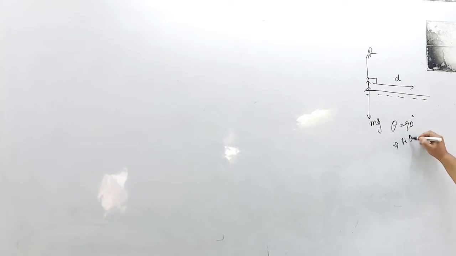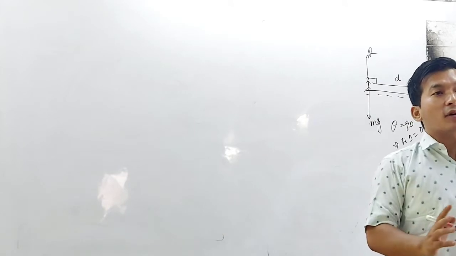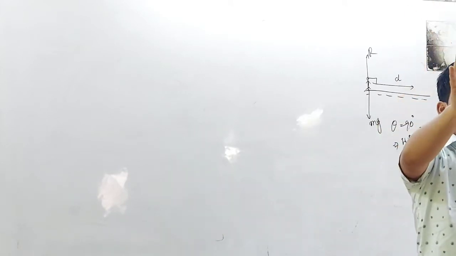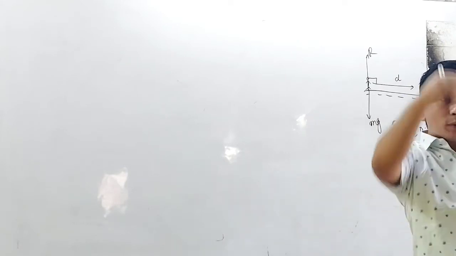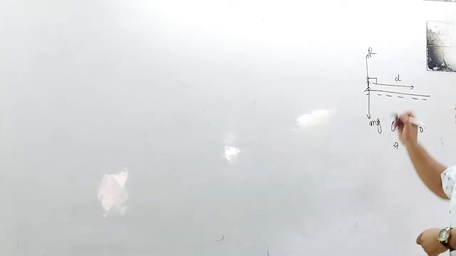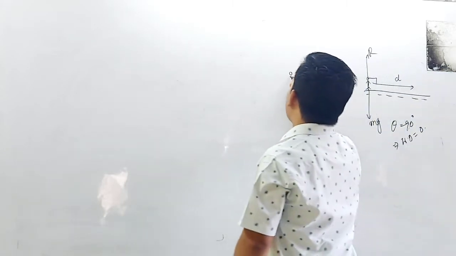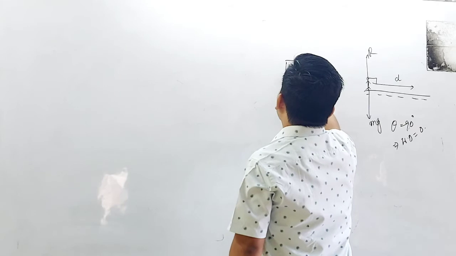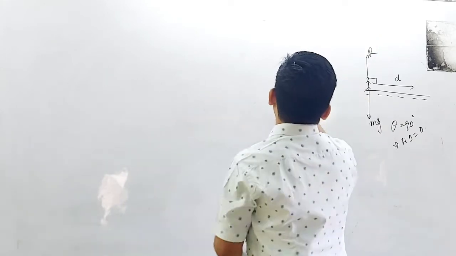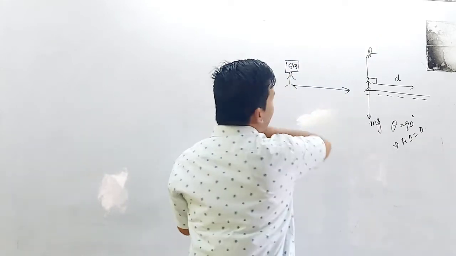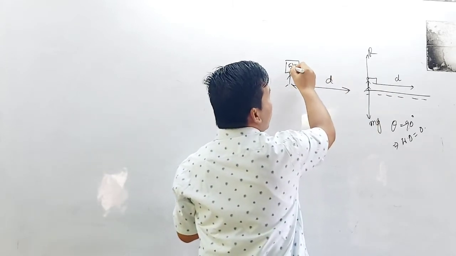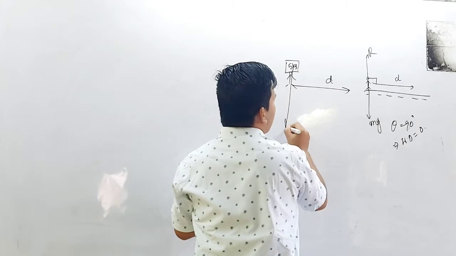This will be equal to 0. Another example: when you lift an object and walk, the weight or force will be vertically downward. Consider a 5 kg object carried in hand, and you move to the right, so the displacement is along this direction while the weight, 5 into 10, is vertically downward.